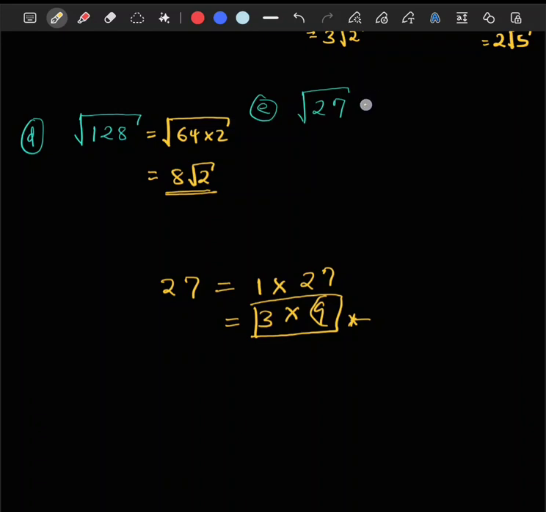Instead of 27, we're going to write that as square root of 9 times 3. We can find square root of 9, which is 3, but we cannot find the square root of 3 without getting a decimal number. So we're going to leave that as it is. So to simplify, square root of 27 is just going to be equal to 3 square root of 3. And that's that.